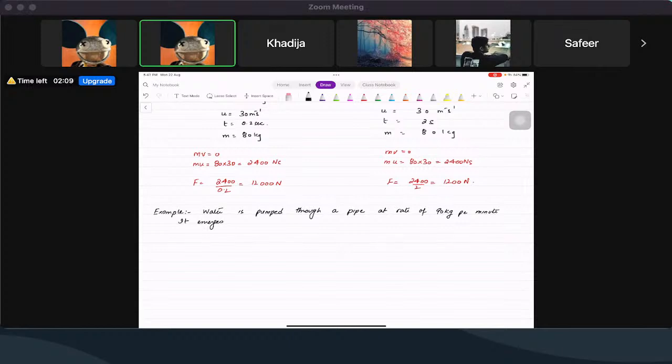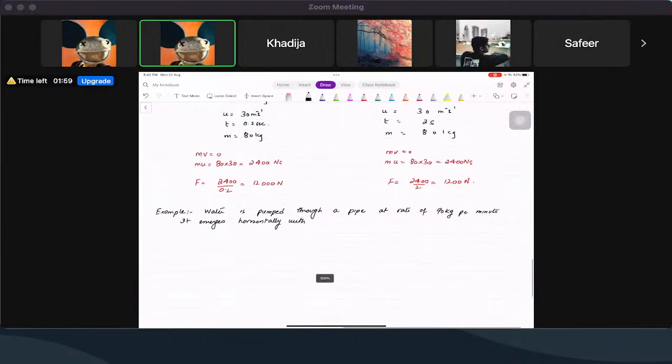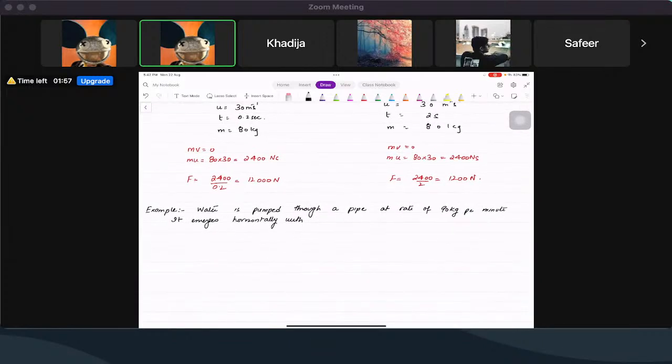It emerges horizontally with a speed of 20 meters per second.